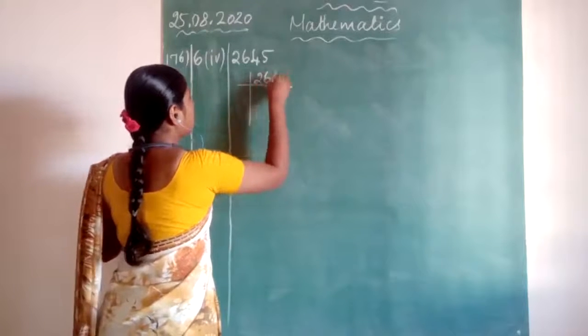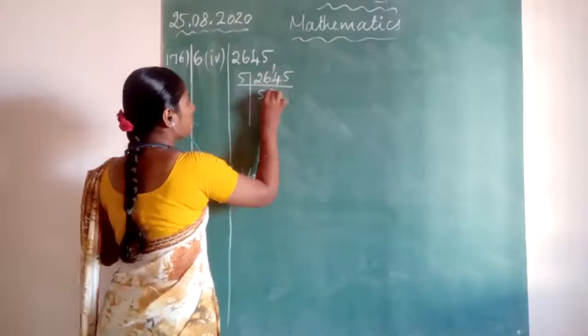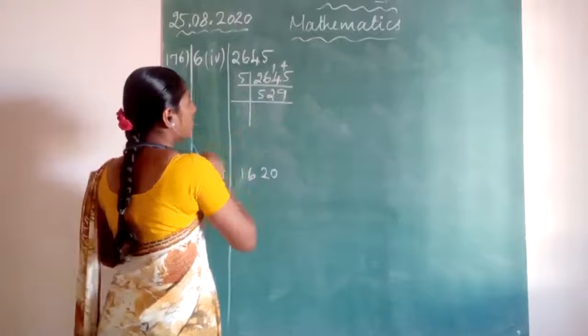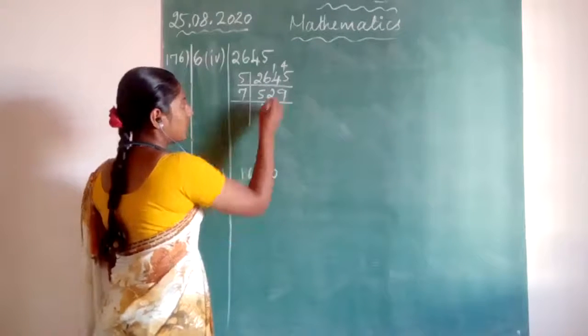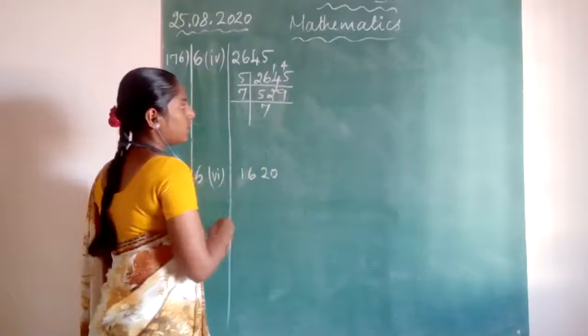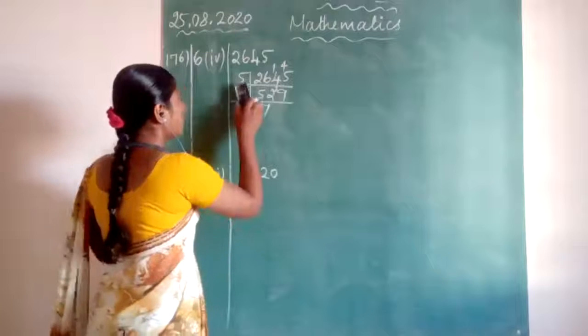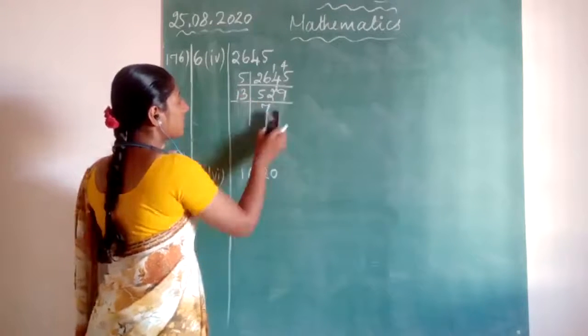Try and factorize it. Start with 5. 5 5s are 25, 1 remaining. 5 2s are 10, 4 remaining. 5 9s are 45. Okay, now go with the 7 table. 7 7s are 49, 3 remaining, 39. Okay, so you will not get 39 in the 7 table. Okay, if you check with the 13 table, is it possible?